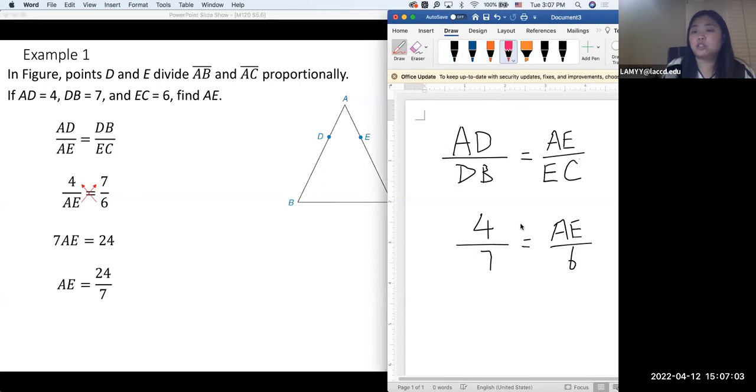Using cross multiplication, we get 24 equal to 7 AE, divided by 7, so AE equal to 24 over 7.